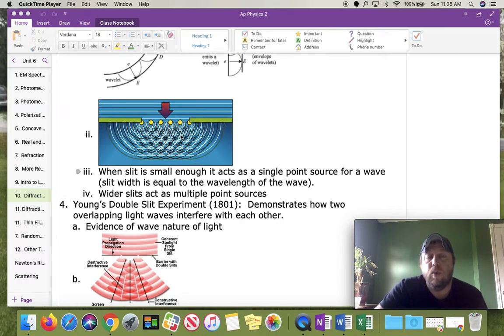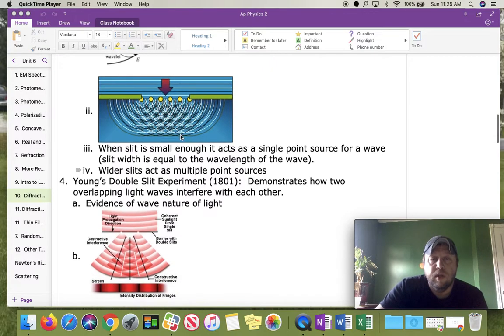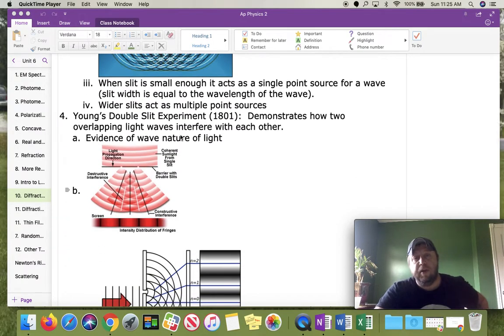All right, so how does this show that light behaves as a wave? Young's double slit experiment. Instead of using a single opening, he uses two. And he uses coherent light. Basically, he had another single slit back here. He took light from the sun and used a single slit so that he got just a circular wavefront that propagated from the single slit.